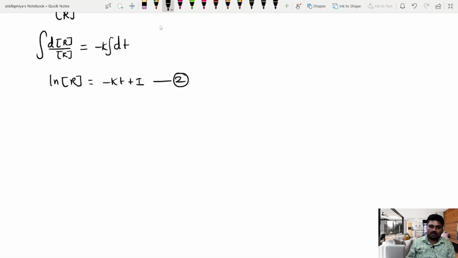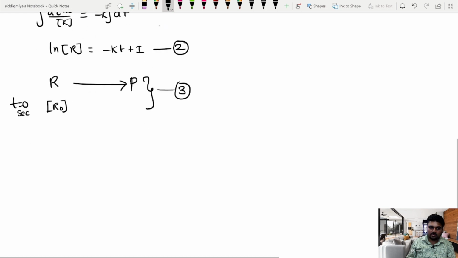For this equation we apply some conditions. Let us say reactants are converting into products, and at time 0 seconds the initial concentration is R naught. This is equation 3.